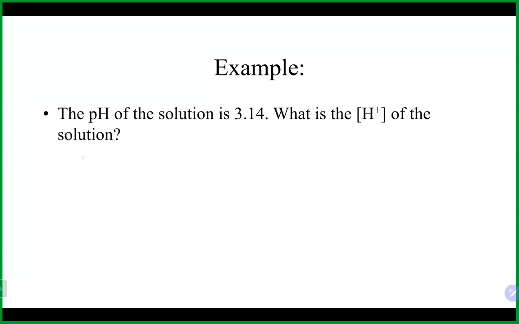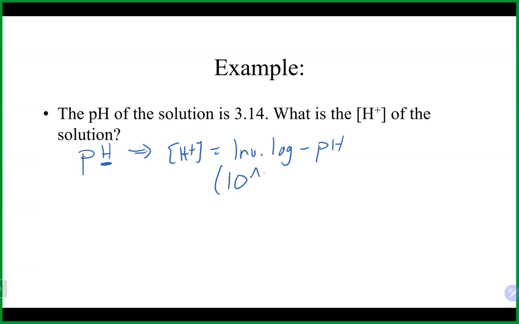Okay, so in this case, once again, it does tell you what you could get from it. Since we are given the pH in this case, we can directly from that get the H plus concentration by doing our inverse log of the negative pH. So putting that into our calculator, once again, will usually pop up like 10 and a caret and negative 3.14, going to get us 7.2 times 10 to the minus 4, I believe. 1, 2, 3, 4.